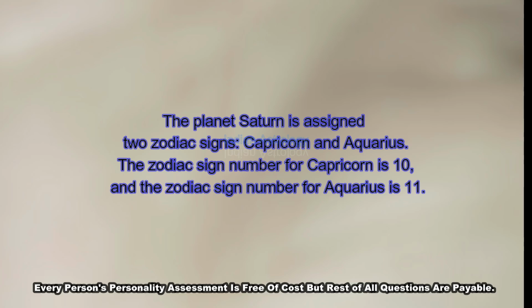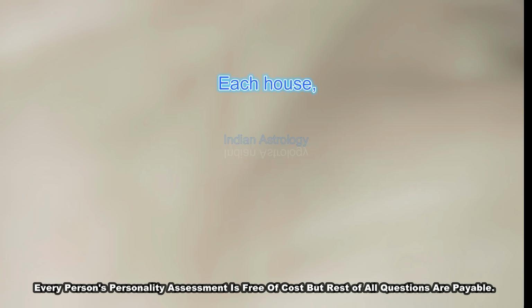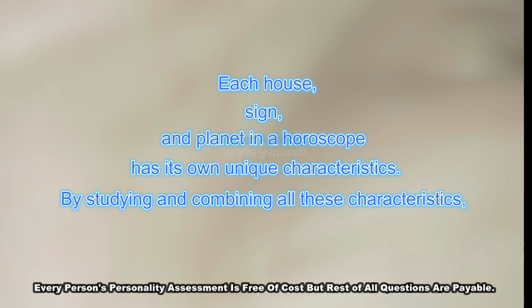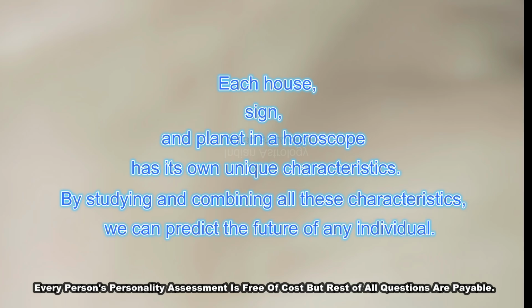The zodiac sign number for Capricorn is 10, and the zodiac sign number for Aquarius is 11. Each house, sign, and planet in a horoscope has its own unique characteristics. By studying and combining all these characteristics, we can predict the future of any individual.